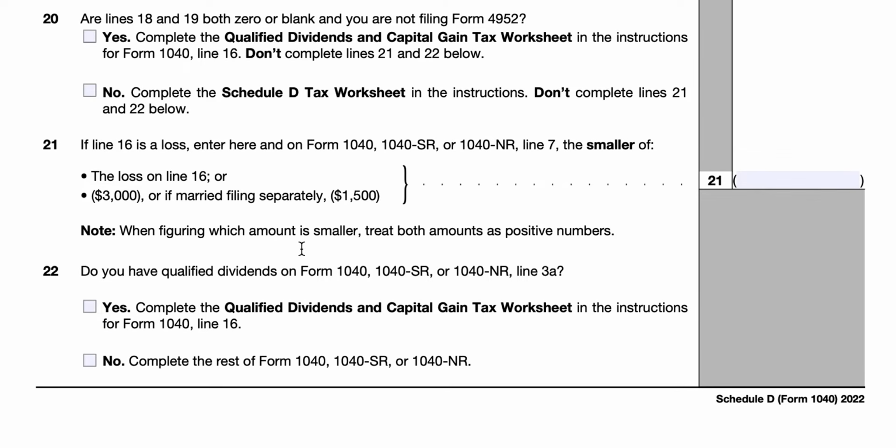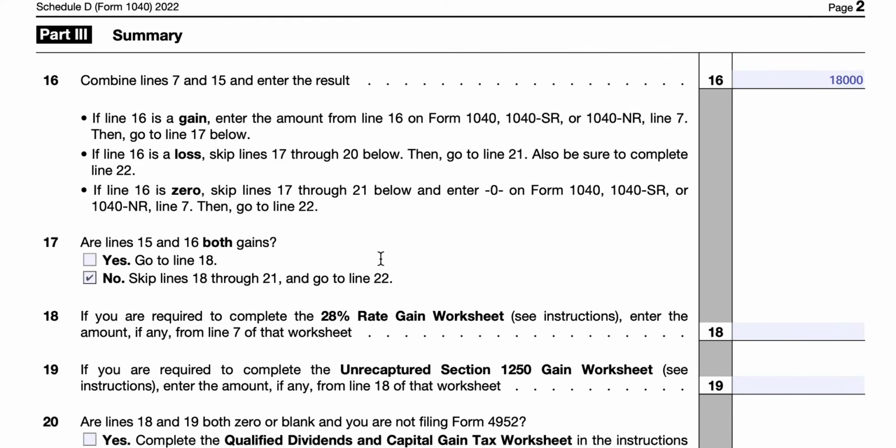So if you have qualified dividends, you would complete the qualified dividends and capital gain tax worksheet in the instructions. If not, then you simply go through the rest of your Form 1040. You've already basically entered the information you need in your Form 1040. Since we did not have gains on both sides, this is being reported on the 1040 as part of our ordinary income, and then it would be subject to ordinary taxes.